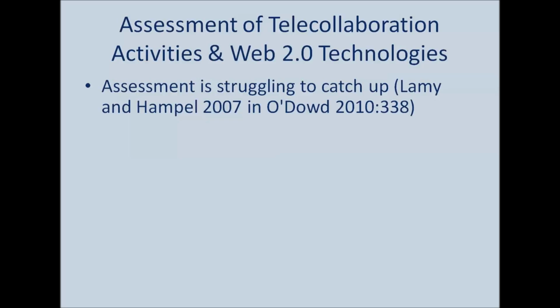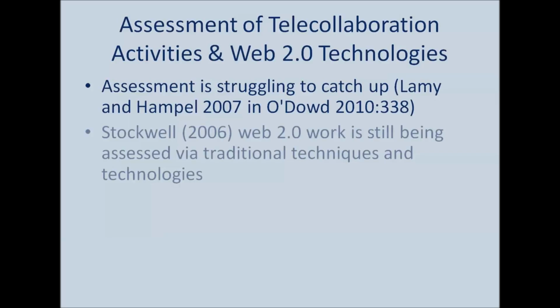Because Web 2.0 learning is still in its adolescence. And also Stockwell 2006 states how Web 2.0 work is still being assessed via traditional techniques and technologies. And obviously we can see here, as I said before, another mismatch. We're using Web 2.0 technologies, but we're assessing those activities and interactions in a traditional way.